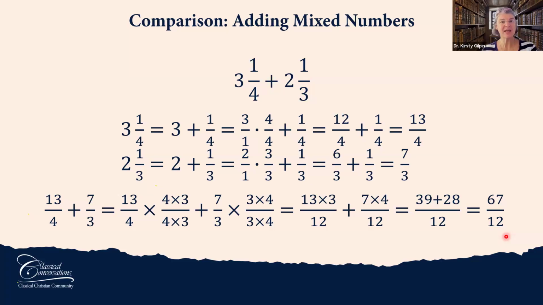So I get the same answer either way, right? It's just, what am I converting, right? So with mixed numbers, there may be an argument that it was easier to add them in their mixed number form. And I'm okay with that. But I wanted you to see the comparison of both.